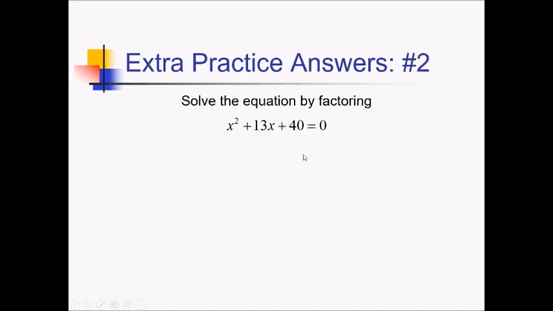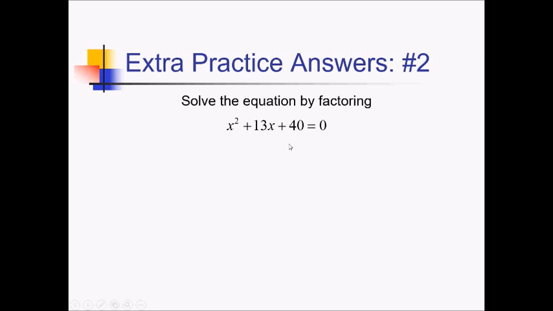To solve this equation by factoring, I first check to make sure I've got everything in order on one side, and it looks like I do. We have 0 on the other side, so now we just have to factor this and set each factor equal to 0. So this has an a value of 1, so I can just look at factors of 40 that add up to 13. Well, let's see here. We've got 1 and 40, that doesn't work. 2 and 20 doesn't work. 4 and 10 is better, but still not quite what we need.